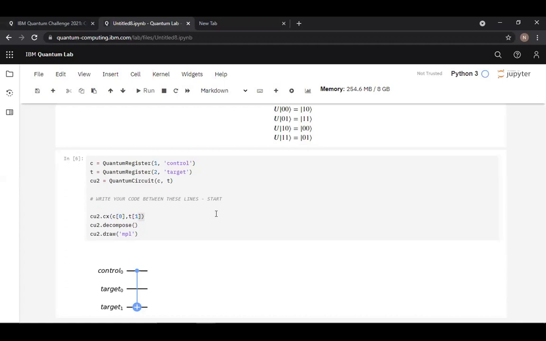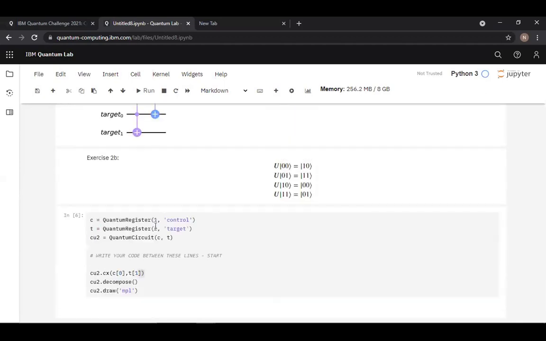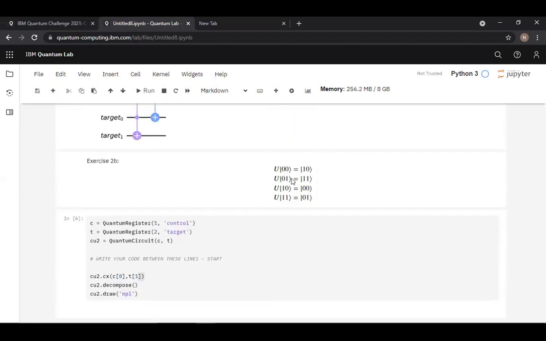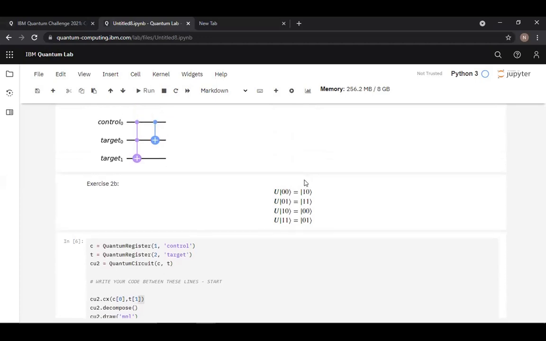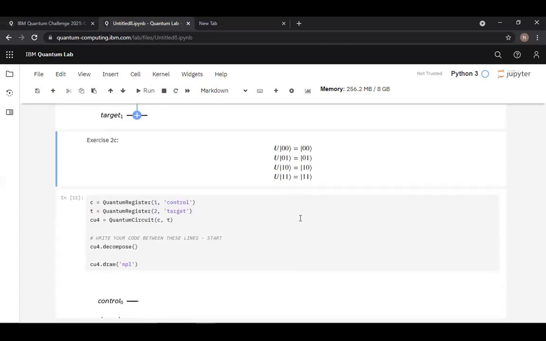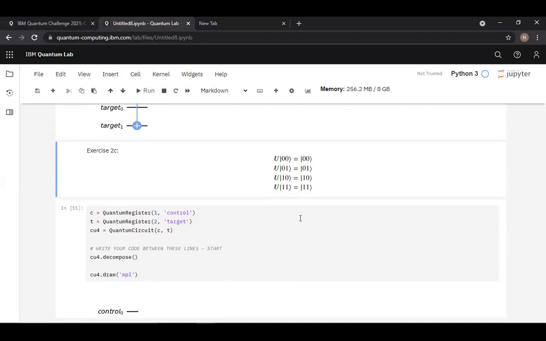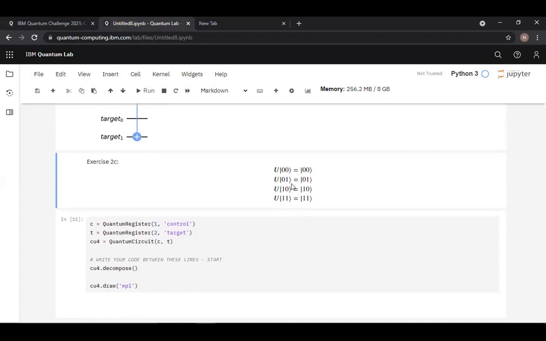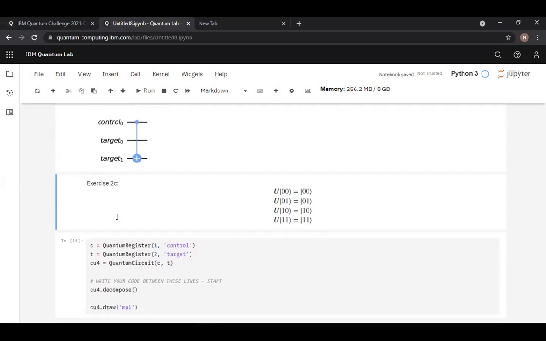And then if we run it, this is the circuit which you obtain, and this is the answer for this particular circuit, like the transformation table which they talk about. This was the easiest exercise of all, because there isn't any state transformation in T0, so you need not do any operations there.